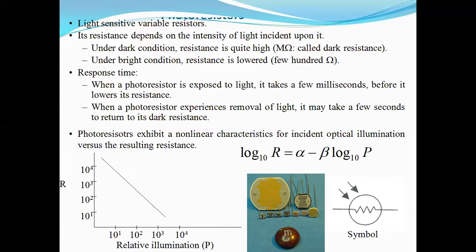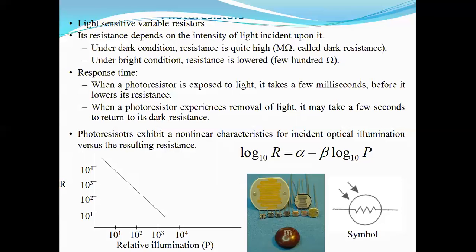But this is invisible to our naked eye. The observation itself specifies the difference between these two parameters, the brightness and darkness conditions, on a response time basis.